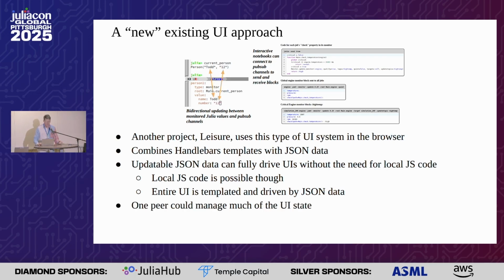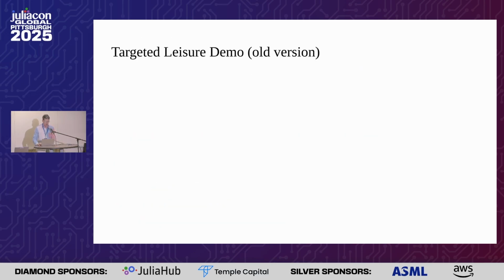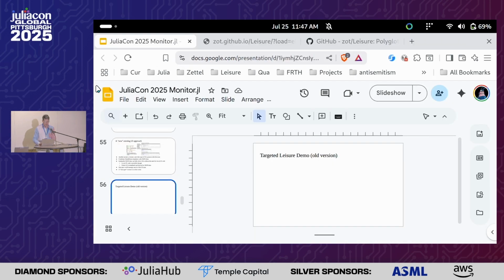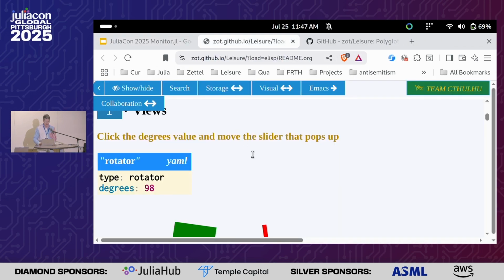So the idea is that if you actually want to build a UI with something like this, you could make one peer handle the UI and then help you manage state for all the other 1,000 things that you want to monitor. There's a next-gen Leisure that's in the works, but it's not ready for me to demo, unfortunately, but I'm going to show a tiny demo of old Leisure.